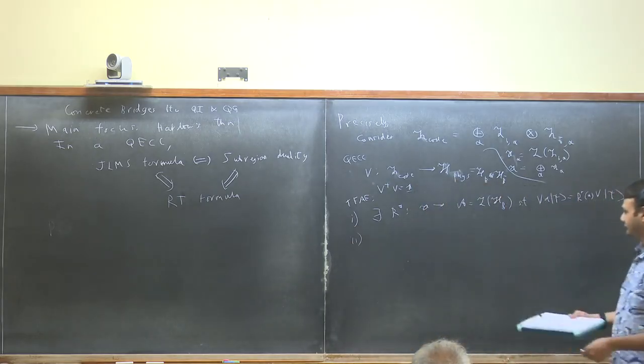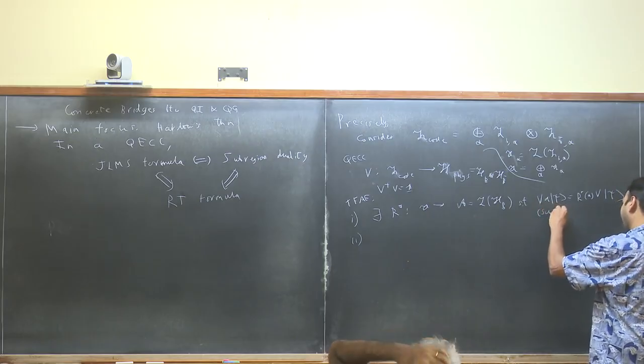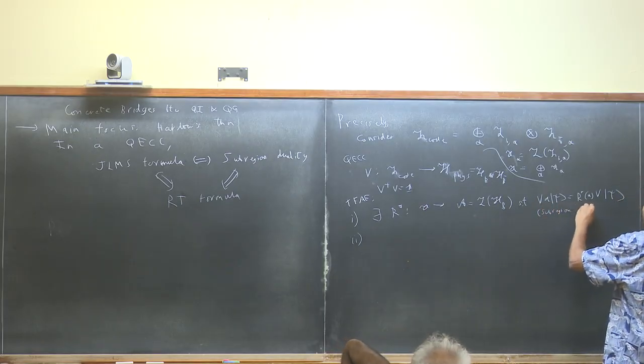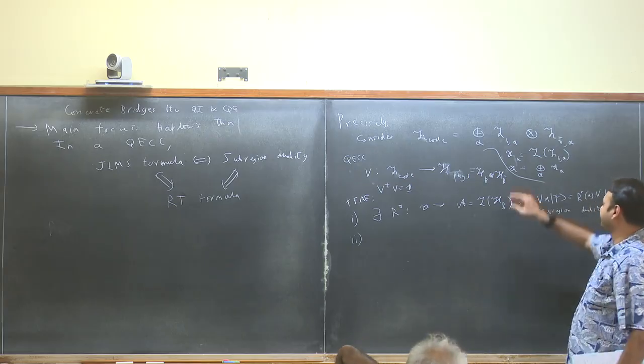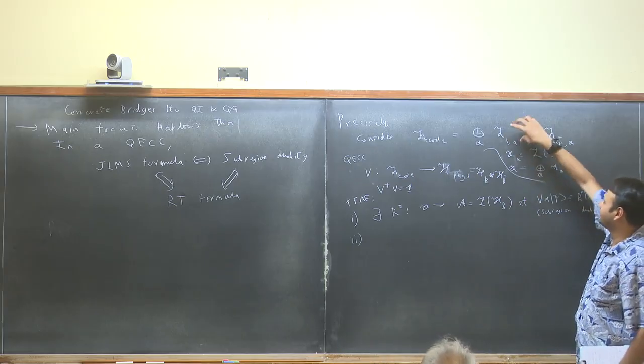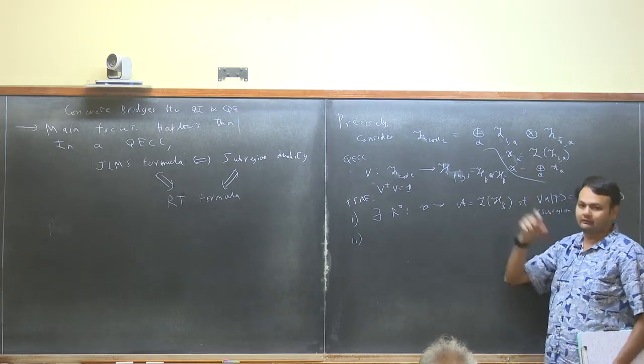Okay, so this is known as subregion duality, which basically says that a subalgebra in the code, which is this little a, is equivalent to a subalgebra in the physical Hilbert space.